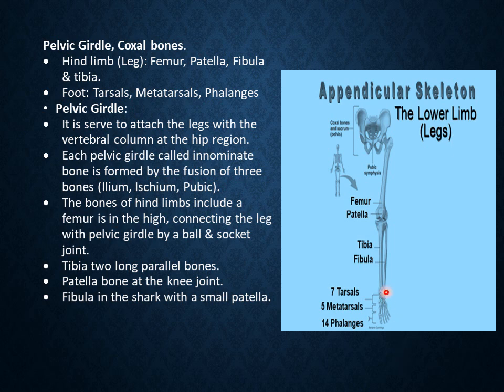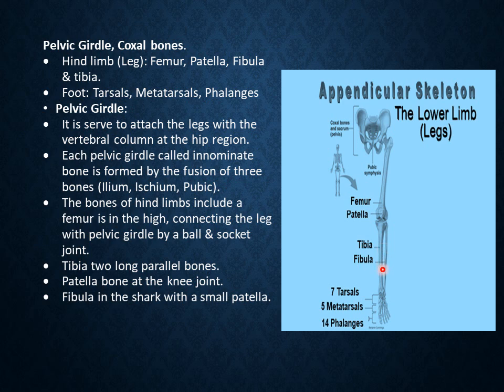Now let's understand with the help of the figure. This is the appendicular lower limb, the legs. This bone is known as the femur, the longest and strongest bone of the body. This knee bone is known as the patella.